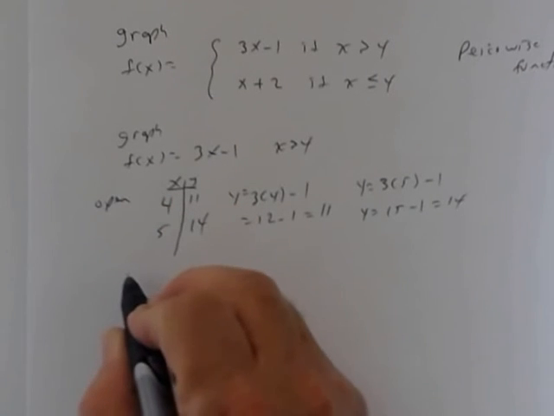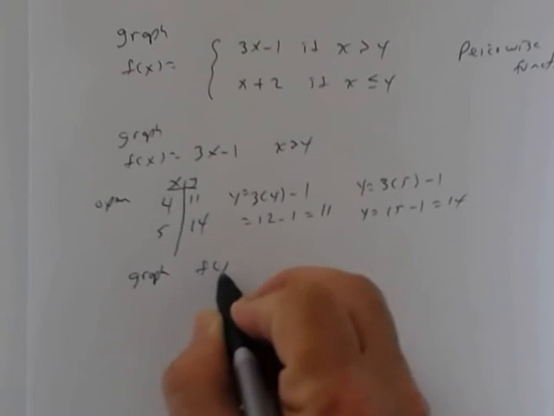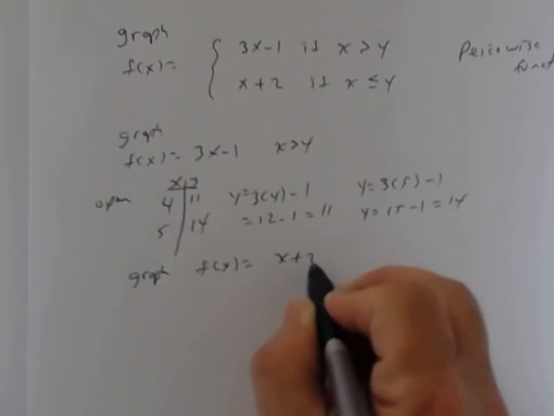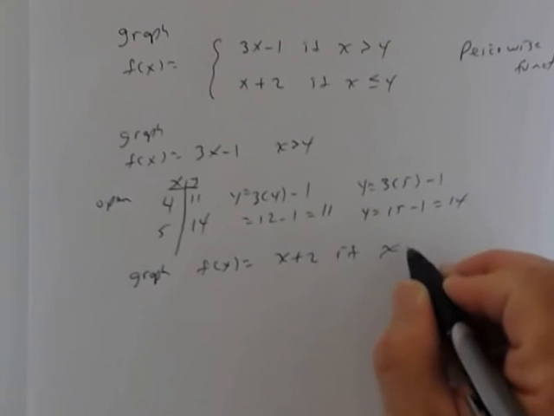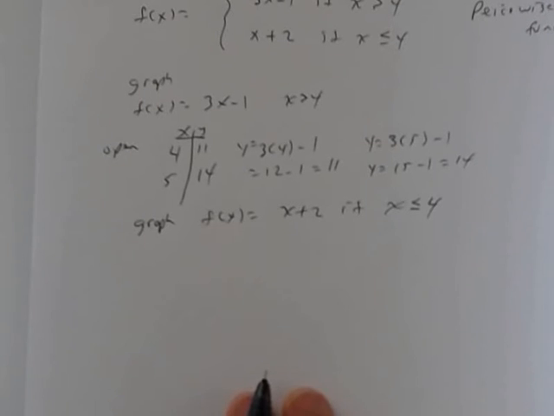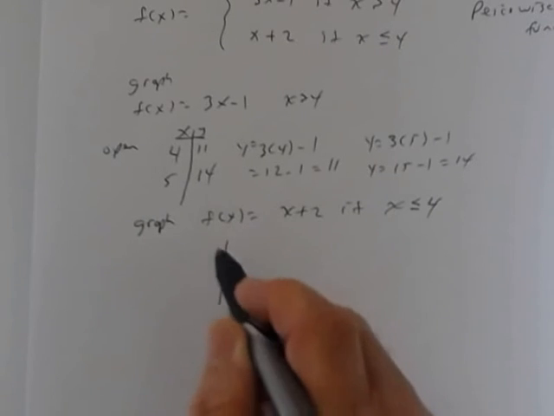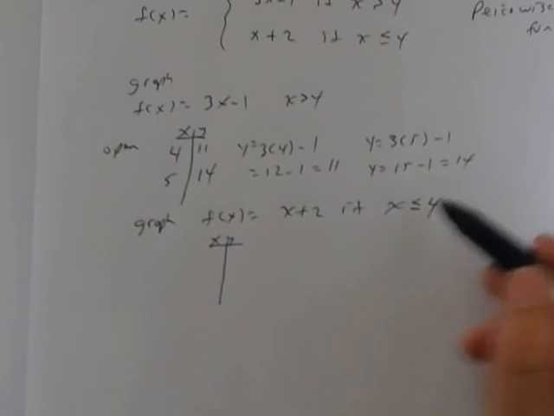Now let's do the next one. So the next one says I got to graph f of x equals x plus 2 if x is what? Less than or equal to 4. So again, that's going to be a ray because my domain's restricted. I have to start with what number for x? So whatever number appears here.